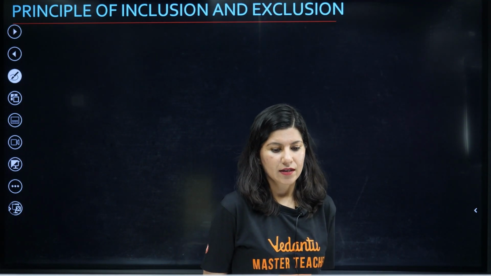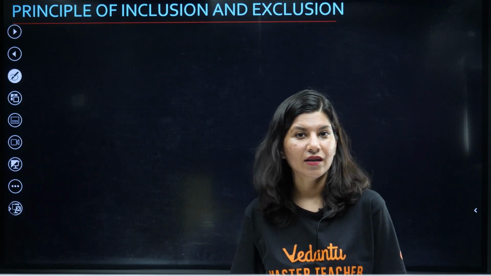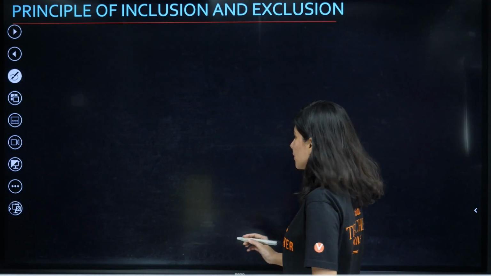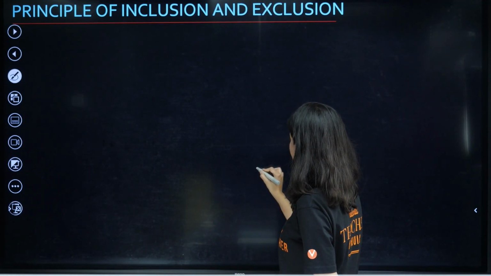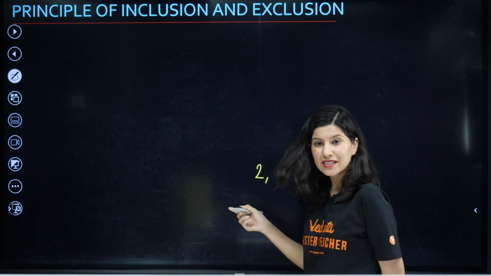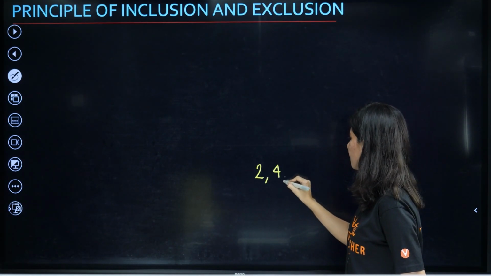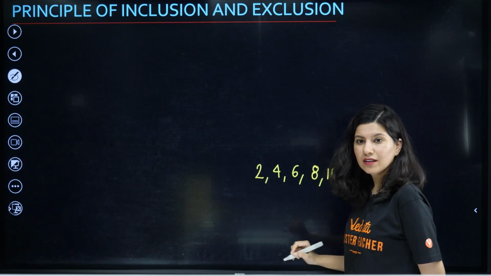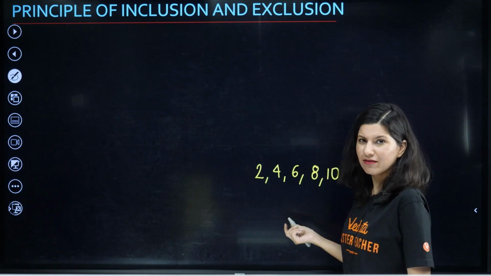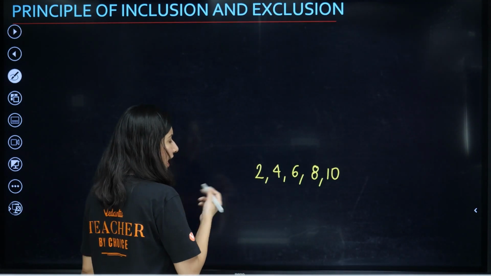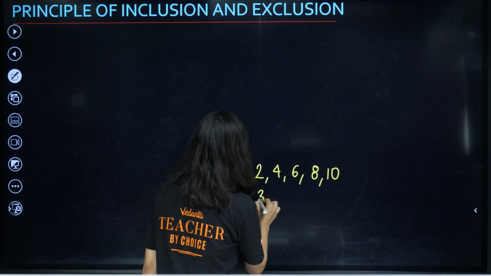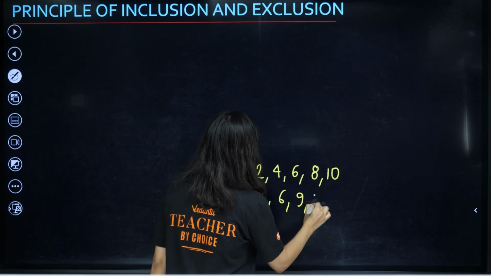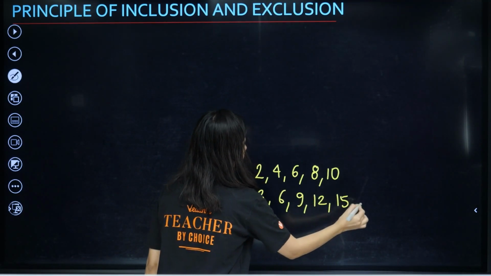Suppose you have some numbers, even numbers starting with 2: 2, 4, 6, 8 and 10. That's 5 even numbers, 5 multiples of 2. And 5 multiples of 3: 3, 6, 9, 12, 15.